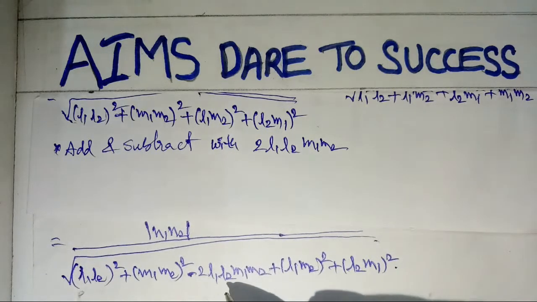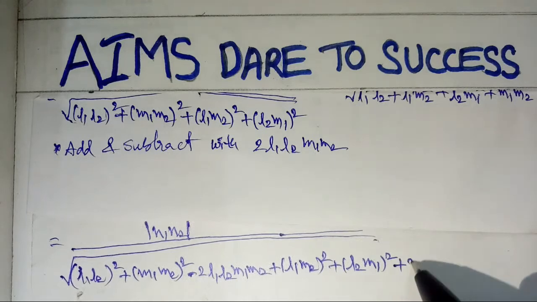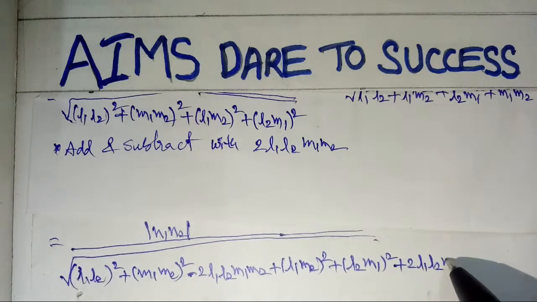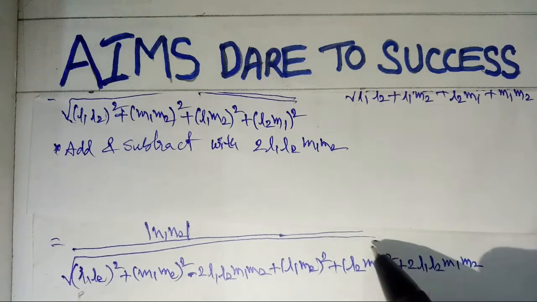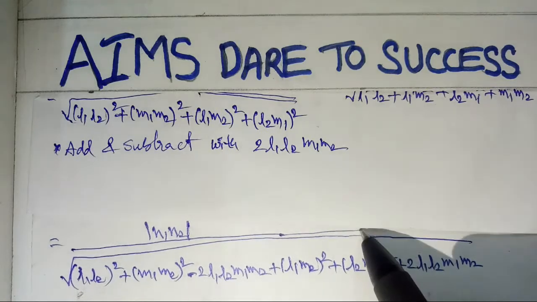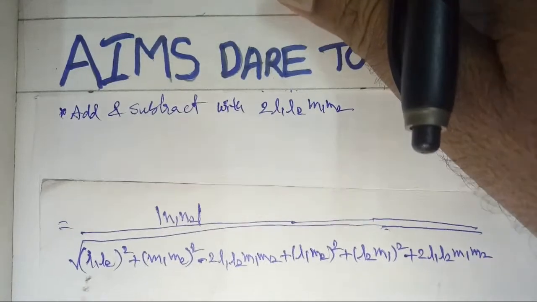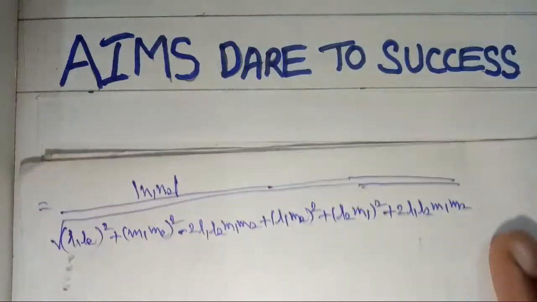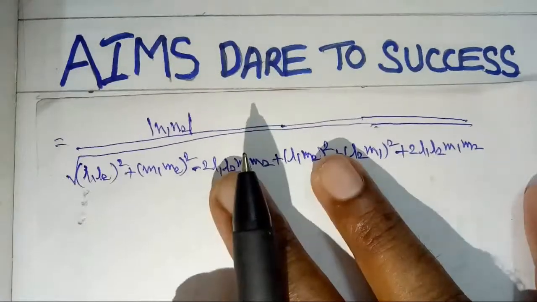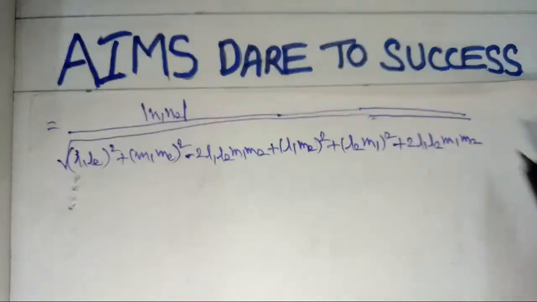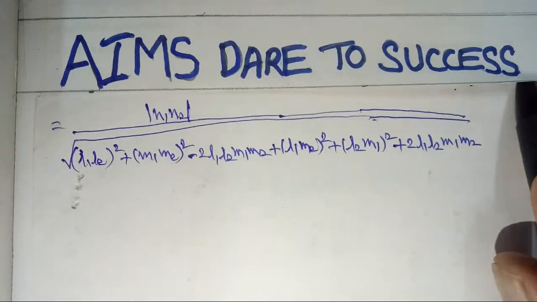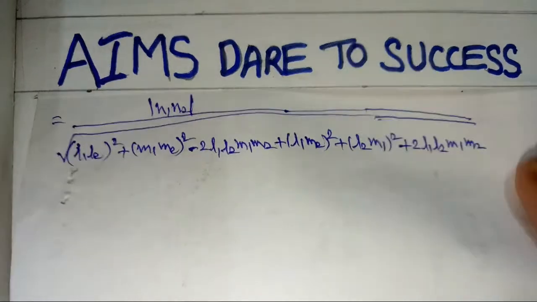So here the subtraction is already completed. Next, addition. Place 2 L1 L2 M1 M2. So after this, simplify.